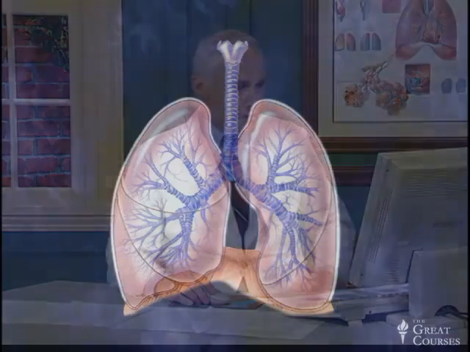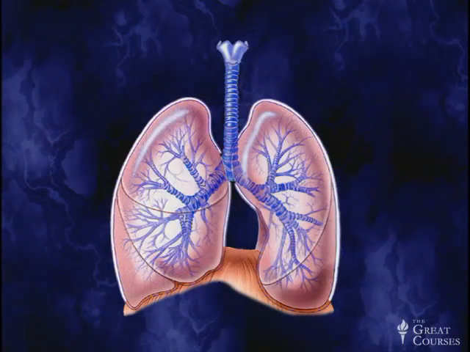If, for example, somebody had a cancer out here, this lobe is fed by 1 or 2 main vessels, drained by 1 or 2 main vessels, and has its air supply in 1 or 2 main airways.